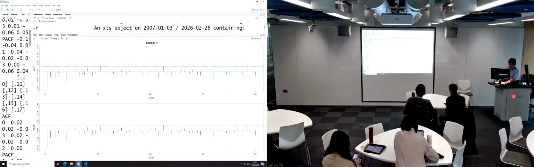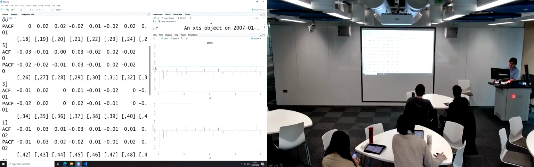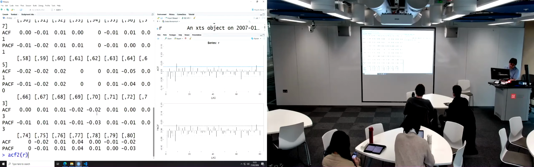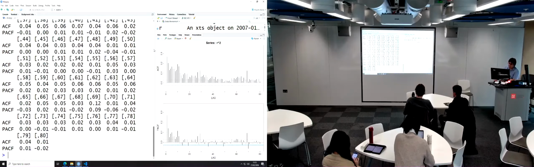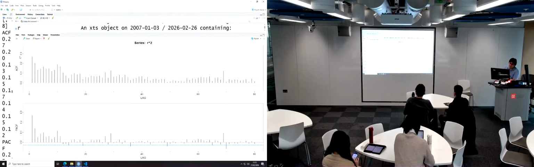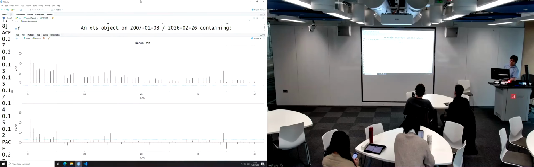So I think a formal test will pass it as white noise. But if you look at the ACF of the square of it, that certainly doesn't look like white noise at all. So it is not white noise.